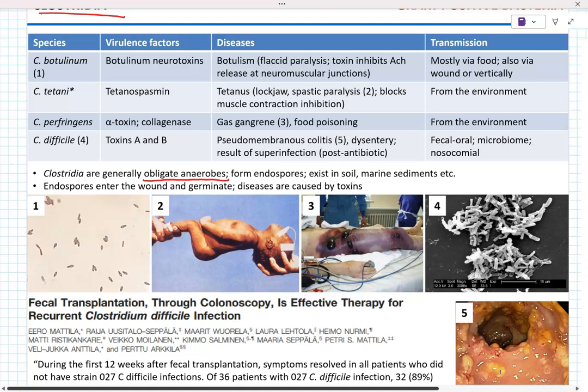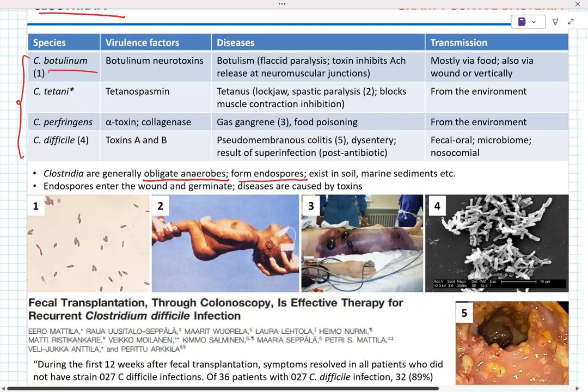They cannot have oxygen. Correct. They cannot survive in the presence of oxygen. And they form endospores, structures that protect their genetic material, making them very hard to control chemically or physically. Okay? All good? So, 4 common Clostridia species that cause human disease, presented here.